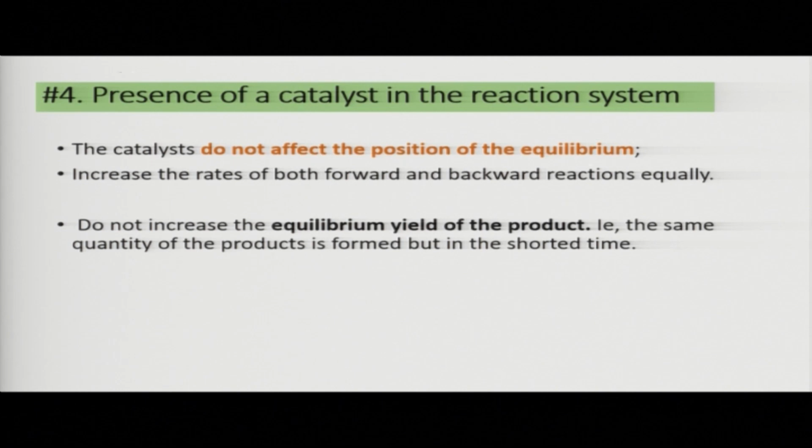So the amount of product that is being formed will be equal to the amount that is being converted back. That's what we mean by both forward and backward reaction equally. So they do not affect the equilibrium position.